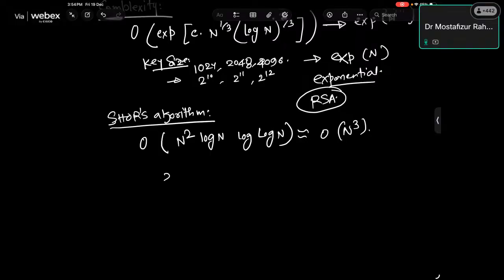That means if I have a key of 2 to the power 10 and I encode this information in qubits, basis states, I need 10 qubits for now.